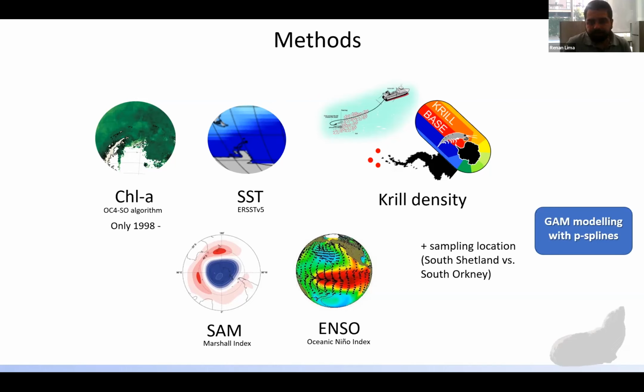smoothing functions. And SAM and ENSO indexes were tested on 1, 2, and 3-year lags, considering that there are non-linearities between the physical and biological processes, right? So it would require at least 1 year for the effects of these climate anomalies to be propagated up the food web.